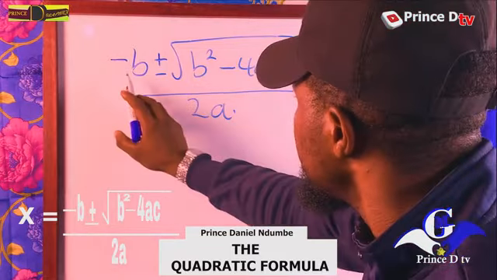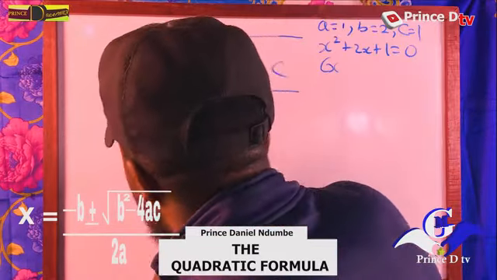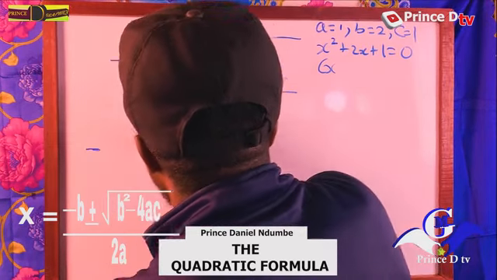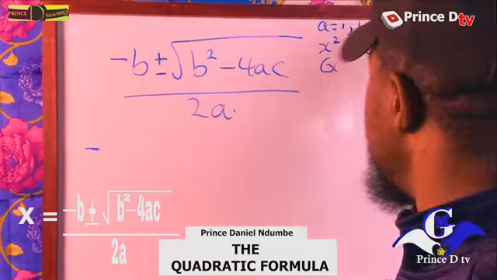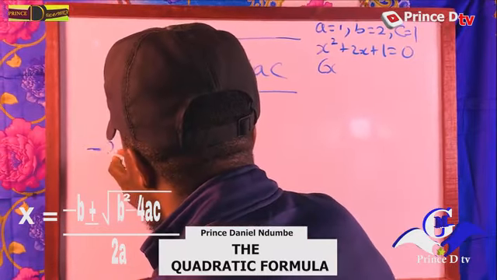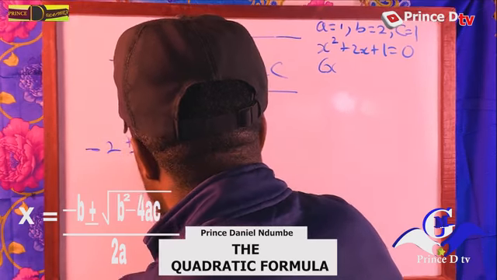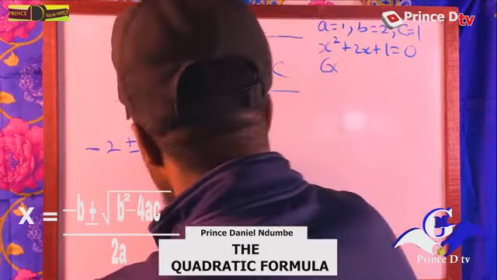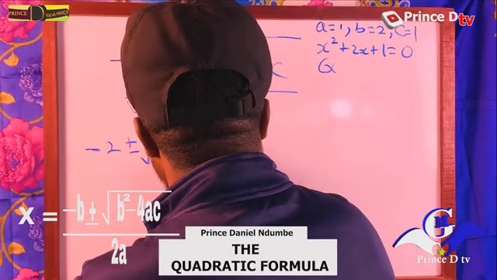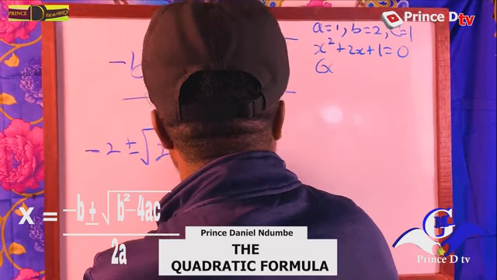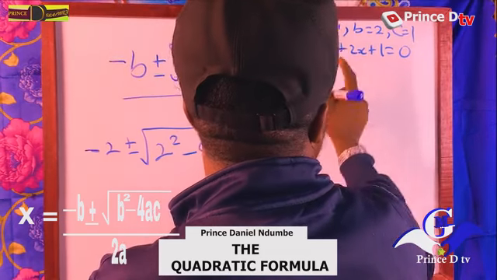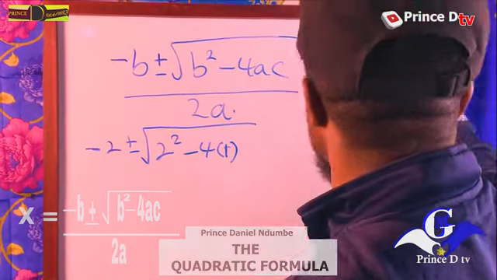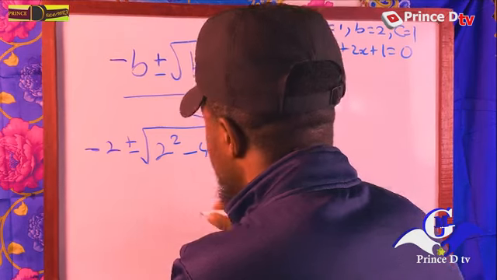So the formula says minus, I need to substitute the minus first, then B. My B is 2, so I have 2, plus or minus the square root of B squared, my B is 2, so 2 squared again, minus 4AC, my A is 1, my C is 1.